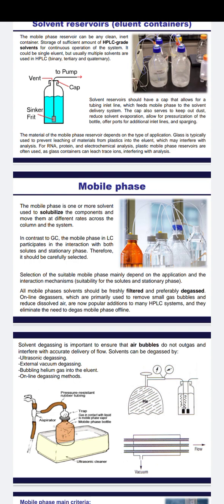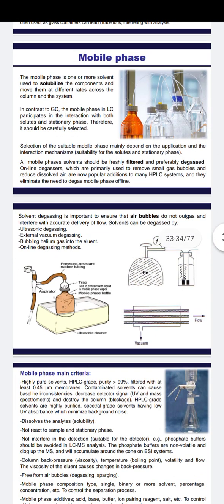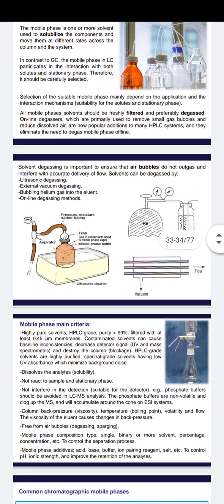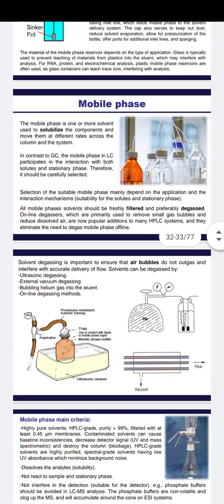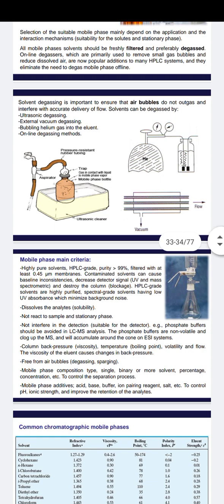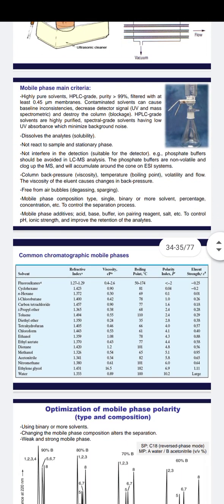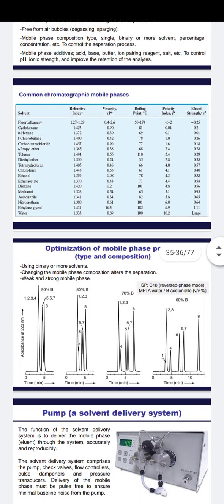All mobile phase solvents should be freshly filtered and preferably degassed online, that is, with degassers, which are primarily used to remove small gas bubbles and reduce dissolved air. So this is a picture showing the mobile phase, and this is some criteria about the mobile phase.